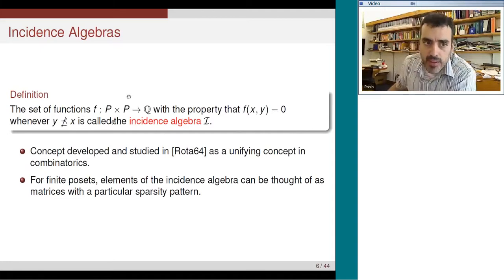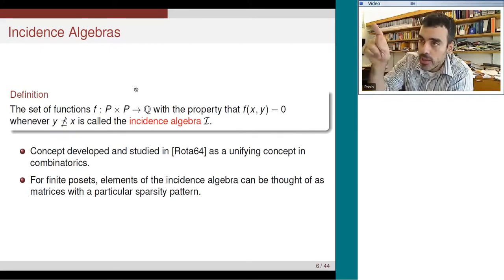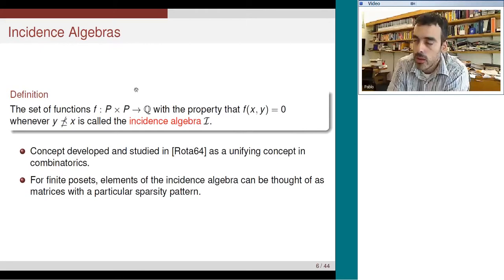But the idea is that I can think of these as functions which are indexed by elements of the poset. So essentially think of this as a matrix, right? Rows are indexed by elements of the poset. Columns are also indexed by elements of the poset. And the idea is that they have to be 0 at certain places. They will have to be 0 whenever y is not less than or equal to x.